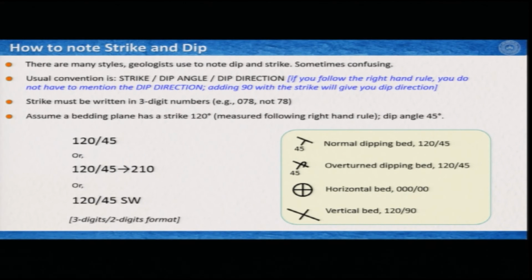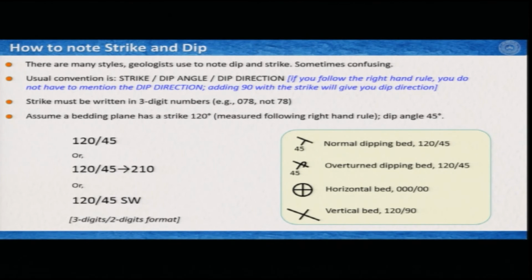The usual convention that people follow: first you write strike, then you write dip angle, and then you write dip direction. But if you follow this right hand rule of measuring strike, then you do not have to mention dip direction. You just add 90 degrees to your strike, and then you get your dip direction.